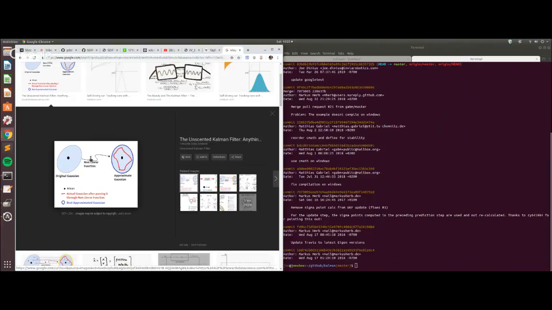And this is really neat because, for better or worse, I always refer to the unscented Kalman filter as a poor man's particle filter, because you're sampling multiple hypotheses around your best guess for what the uncertainty is.